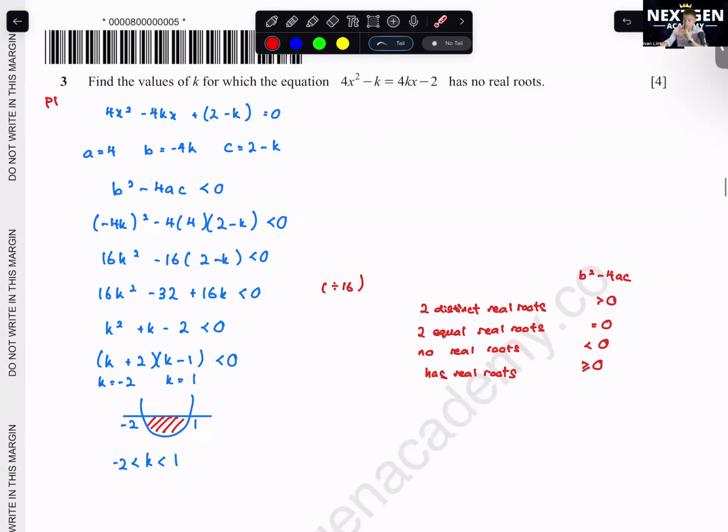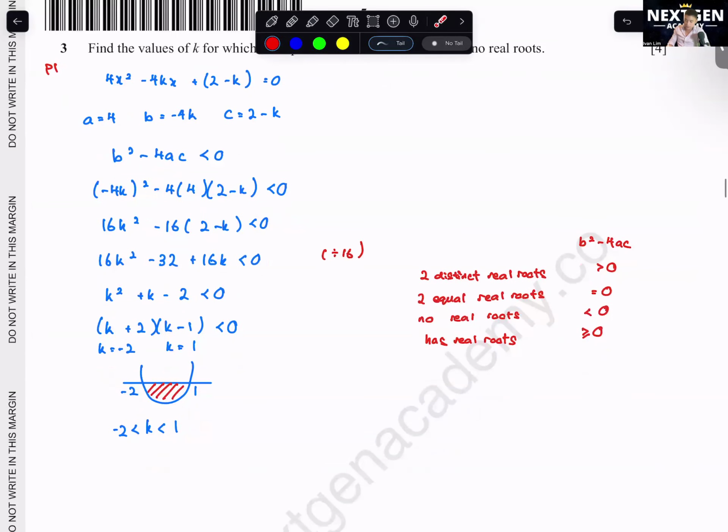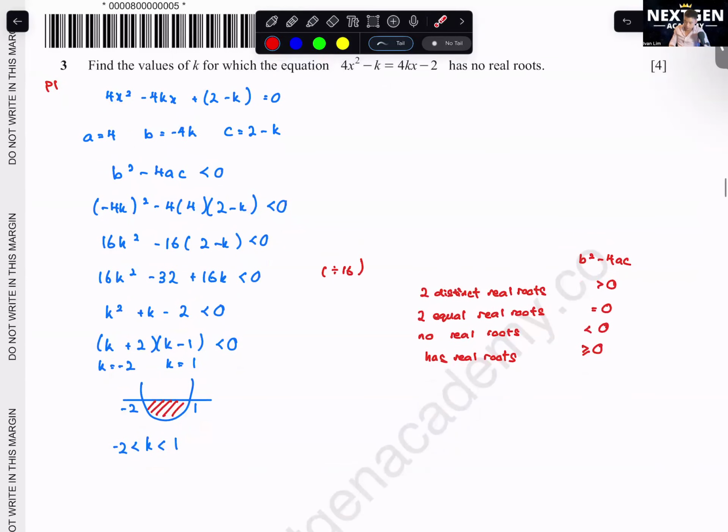Sorry, this is less than 0. If it's more than 0, then k less than or equal to -2, then k more than or equal to 1. Remember how to do this one? It will be above the graph. Don't worry, later in today's class we'll go through all of these questions.